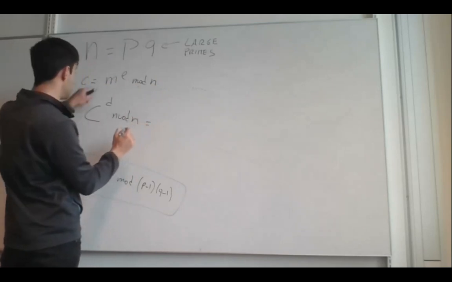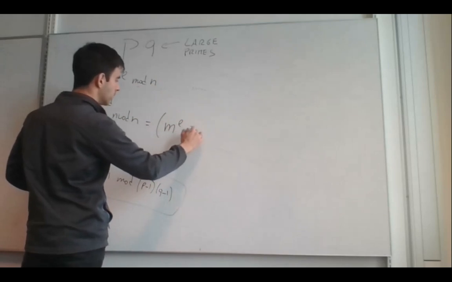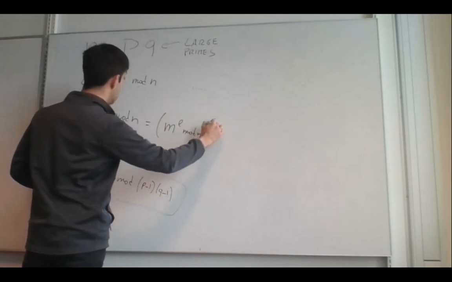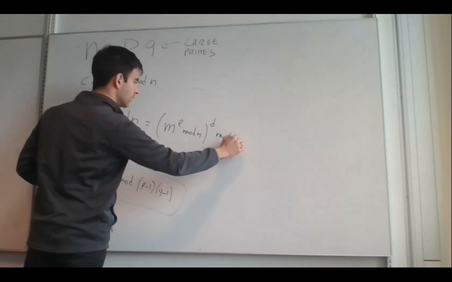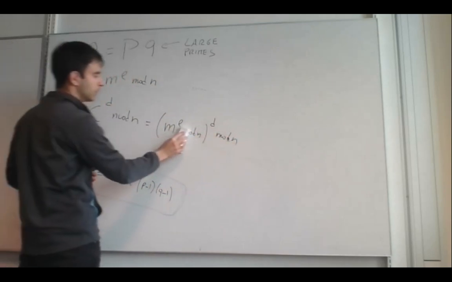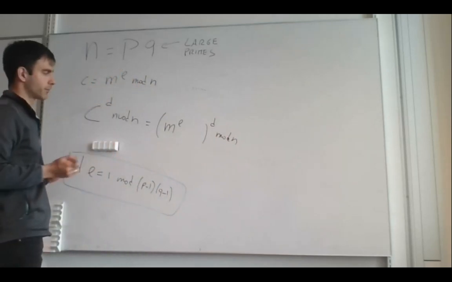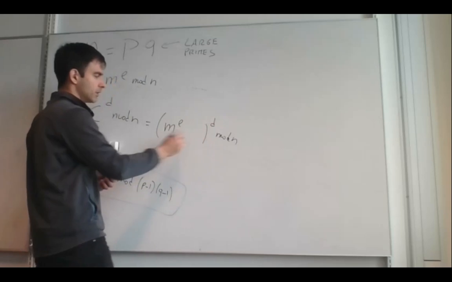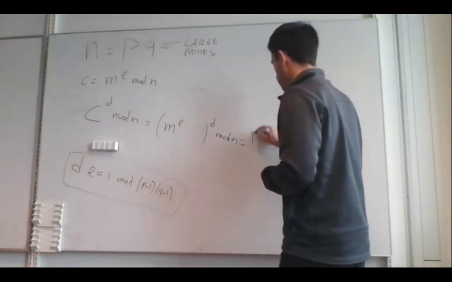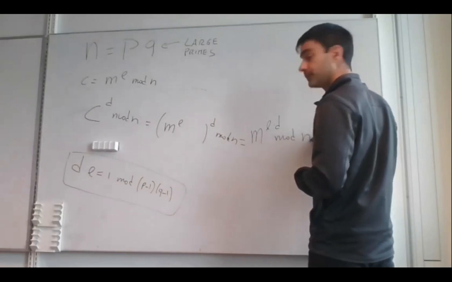So I can substitute here that. So I get that this is equal to the message raised to the E modulo n, raised to the D modulo n. But I told you that the modulo n, it doesn't matter where you do them, so I can remove this one, so I don't have to remember all of the notation. So due to the power of exponentiation, this is equal to m to the E times D modulo n.